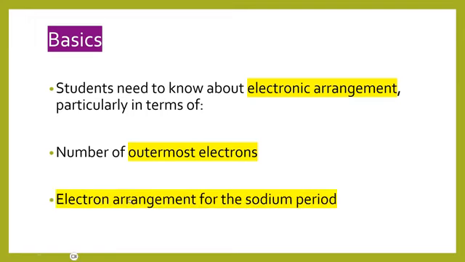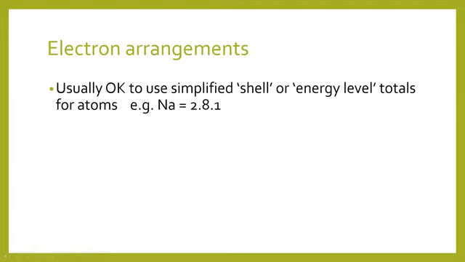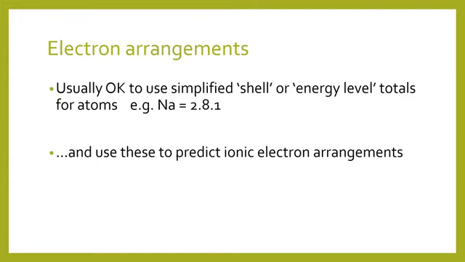And they need to know the electronic arrangement for the sodium period, what I call Namgalsipsclar, because if you write them out in order, it becomes Na Mg Al Si P S Cl Ar. So we would normally just use 2,8,1. We wouldn't use 1s2, 2s2, 2p6, 3s1, or anything like that.